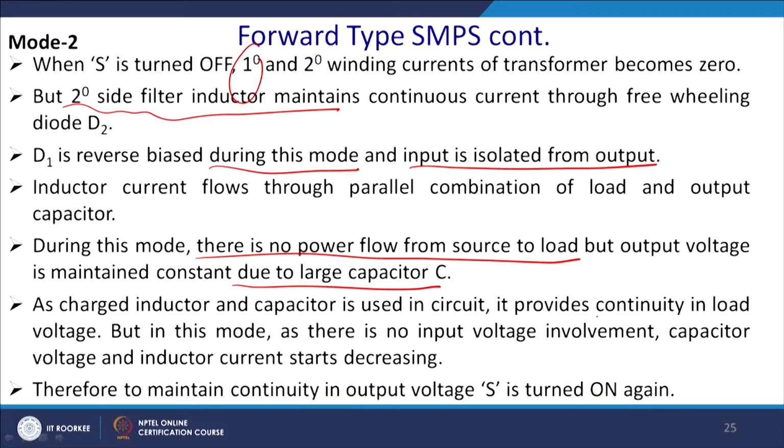It provides continuity in the load voltage, but in this mode there is no input power involvement. Capacitor voltage and the inductor current start decreasing while feeding the load. Therefore, to maintain continuity in the output voltage, S is turned on again.